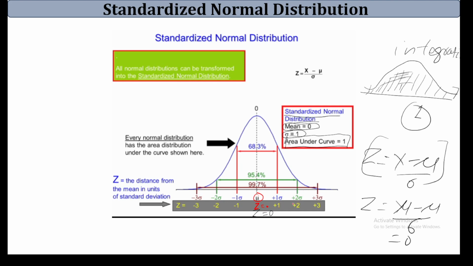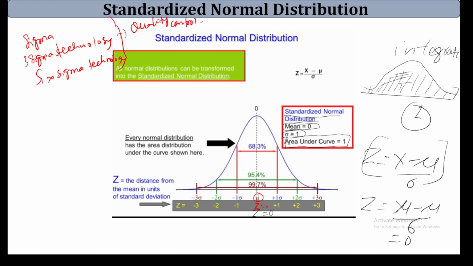Have you heard about the manufacturing process called Six Sigma technology? Before that, Three Sigma technology? That concept came from here only. If you take Three Sigma, they consider only 99.7%. This is all related with the quality aspect, quality control.